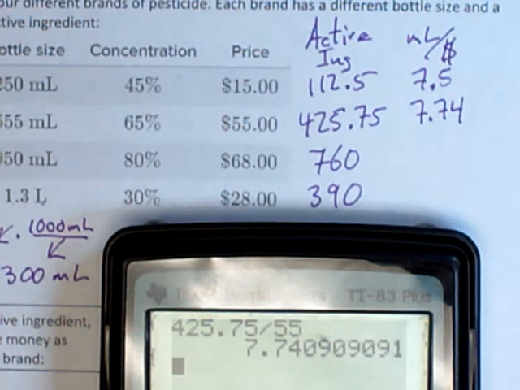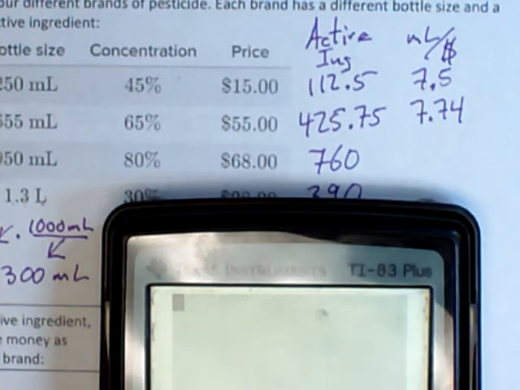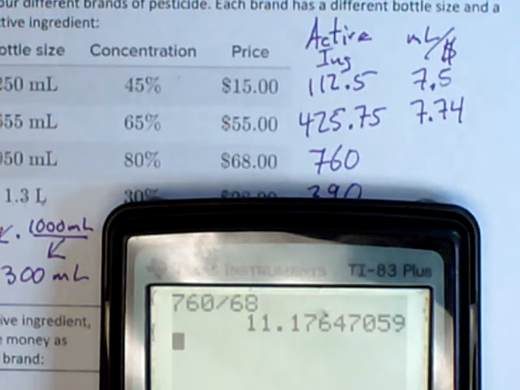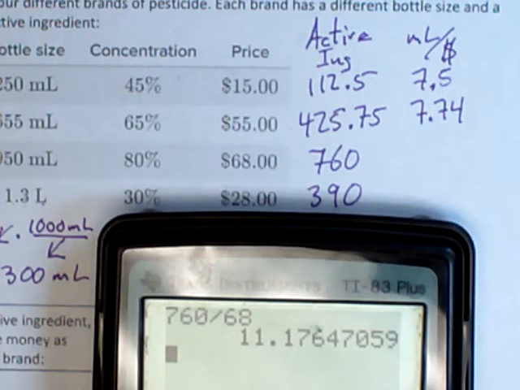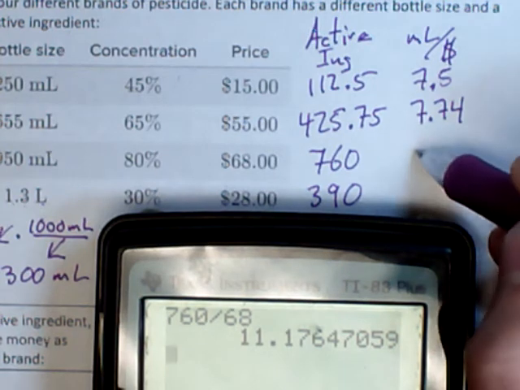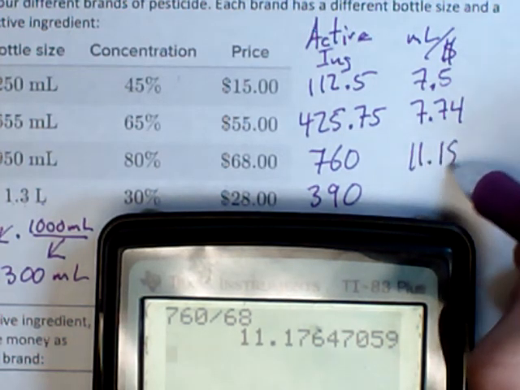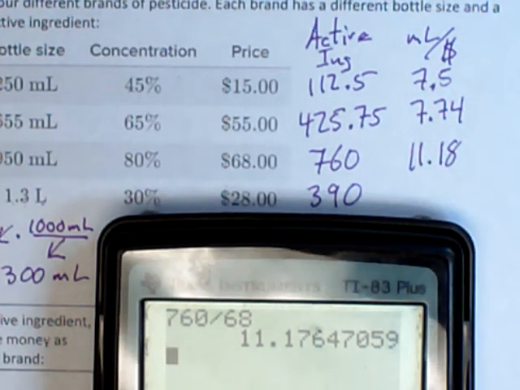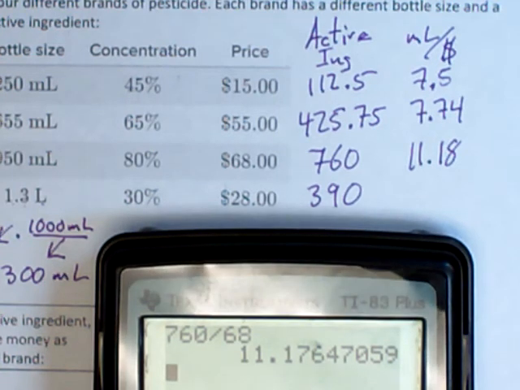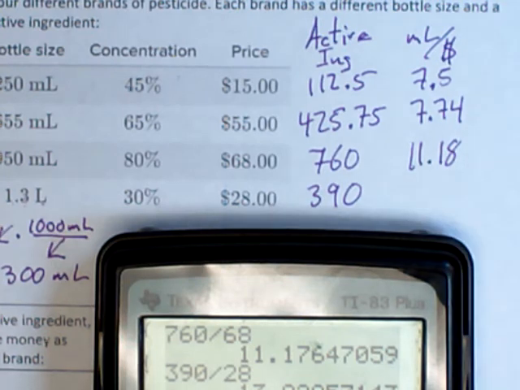Then 760 divided by 68 is 11.17, I'm going to round that to 11.18 milliliters per dollar. And finally, 390 divided by 28 is 13.9.